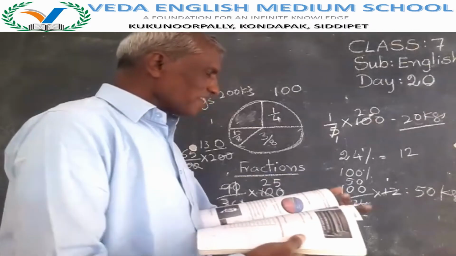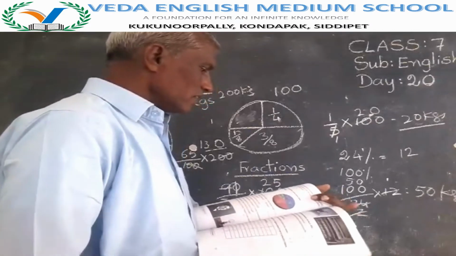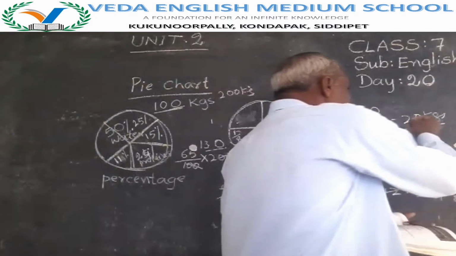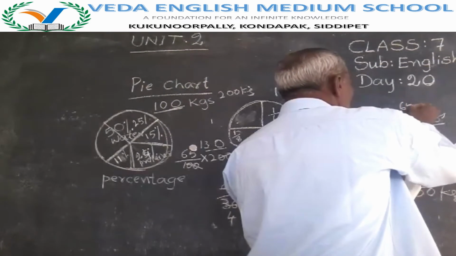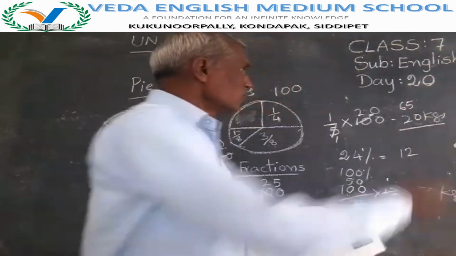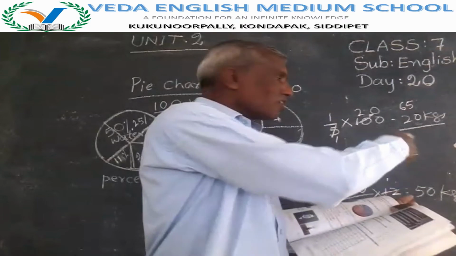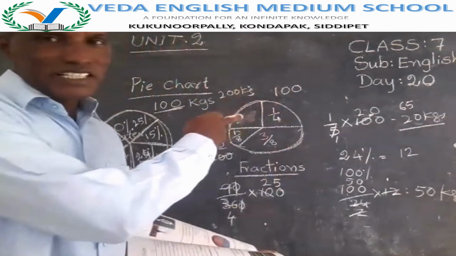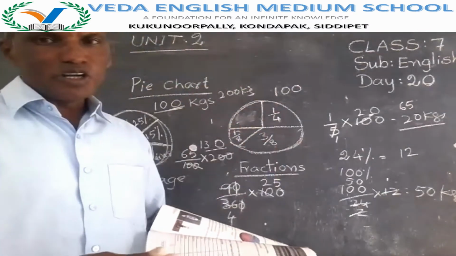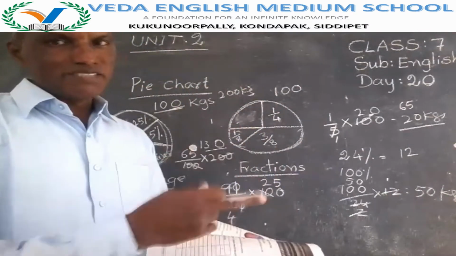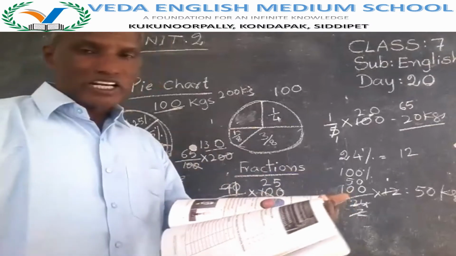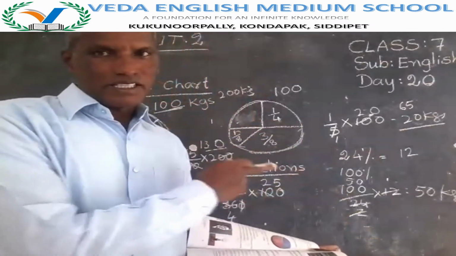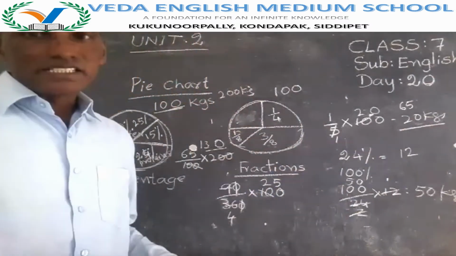Water is 65%. That means water's weight is about 65 kgs. So what is more? Bones are only 20 kgs, 1/5 of the body. 65% is 65 kgs. So what is more? Water is more, so water is heavier. Okay, understand the difference? Bones are only 20 kgs, water is 65 kgs. Did you understand this?